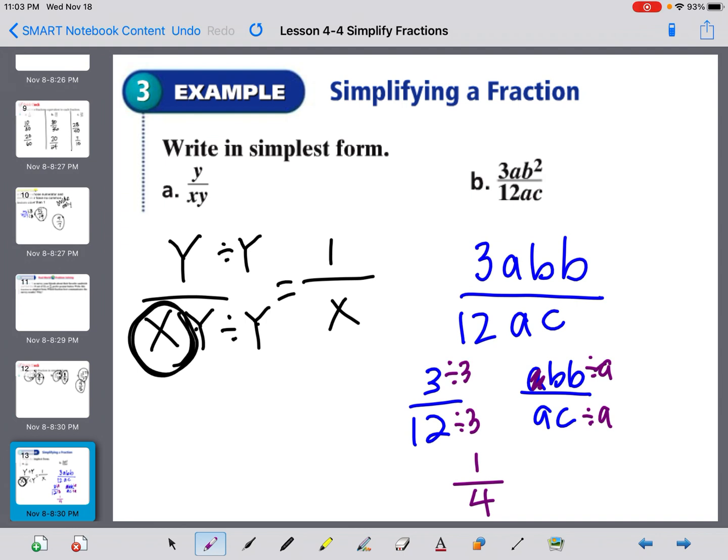A. What's a divided by a? 1bb. What's ac divided by a? 1c. If you remember, a 1 in front of a variable you do not have to write.